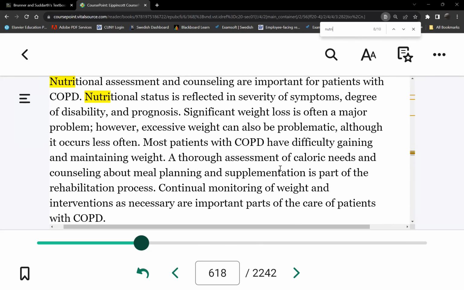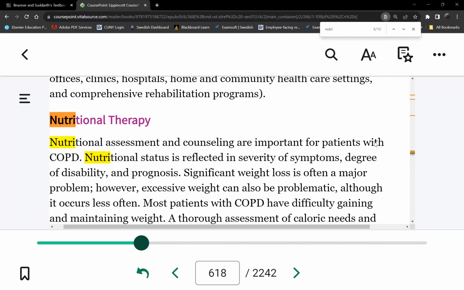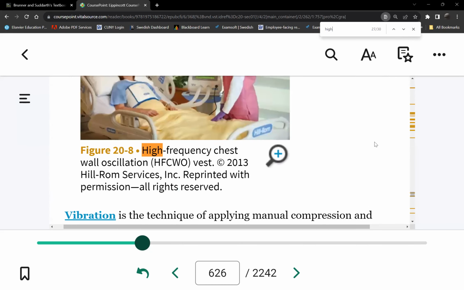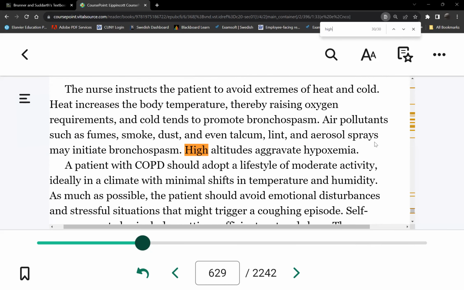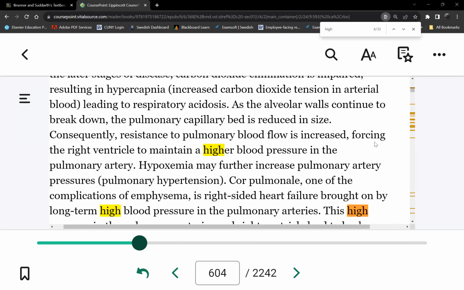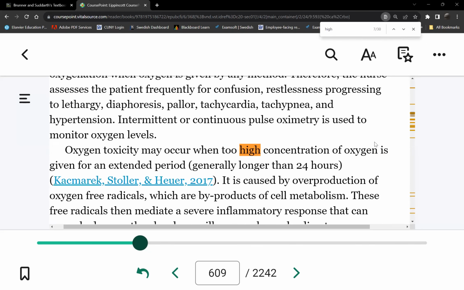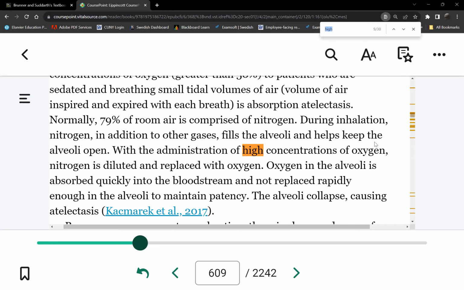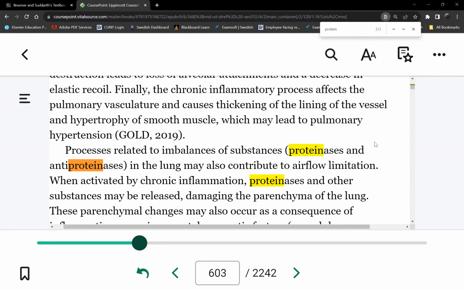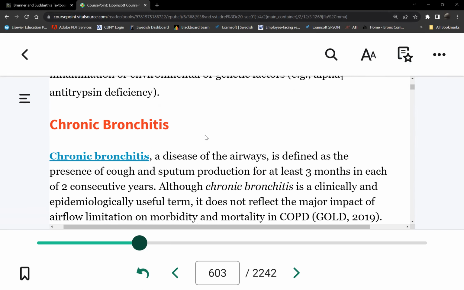So what should the nutrition be? Didn't specify, maybe it's under asthma.